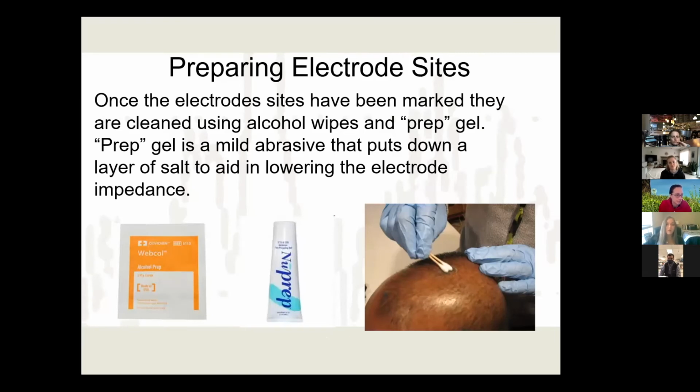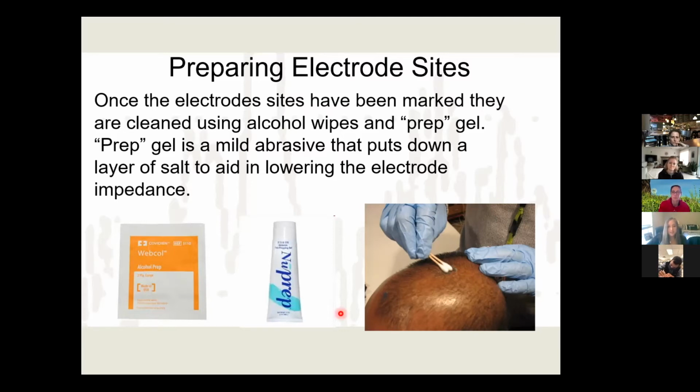Perfect. So now we'll go into actually applying the electrodes to the scalp or the body, wherever you're putting it. So once they've been marked, you have to now clean all of these sites. So first you would take an alcohol wipe and wipe right in the middle of the cross that you made.